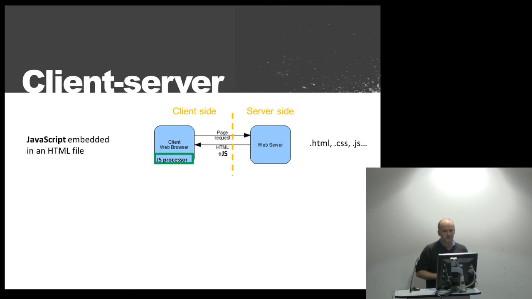So let's look again at this client-server architecture. Your browser, any browser, will have a JavaScript processor. It's not far away on a web server, it's in your browser. So it means that some calculations can be done in your browser if you are writing them in JavaScript.